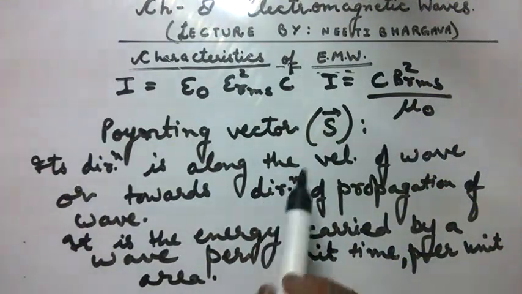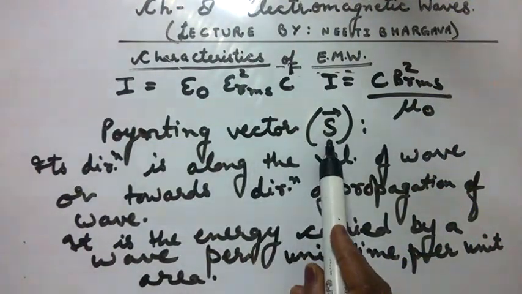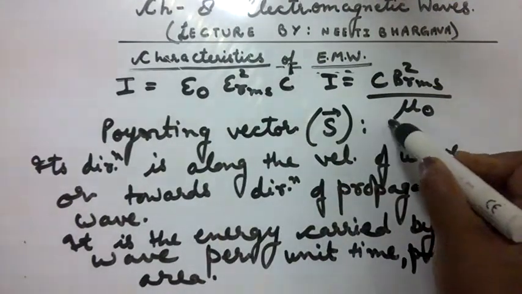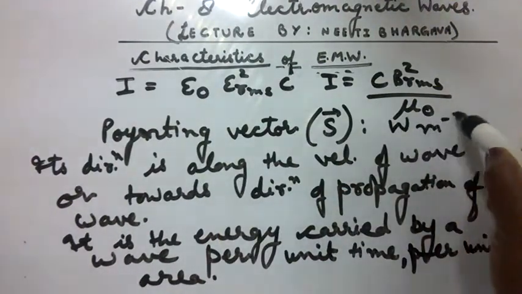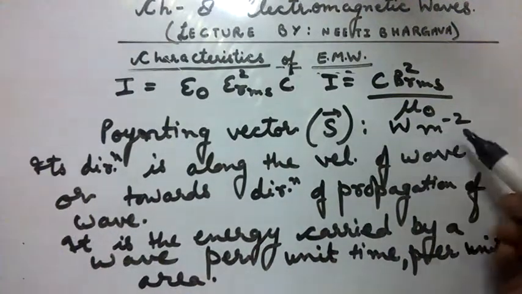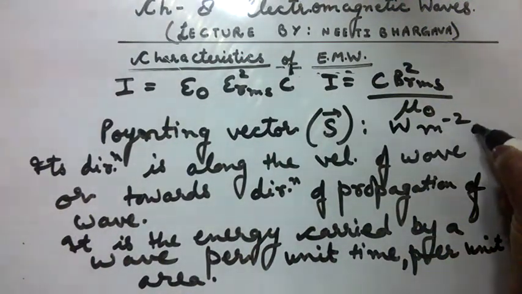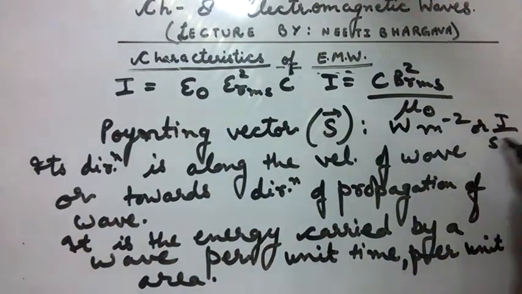Therefore, its unit is also equal to the unit of intensity, which is watt per meter square. Or we can also write energy upon area into time, that is joule per second into meter square.